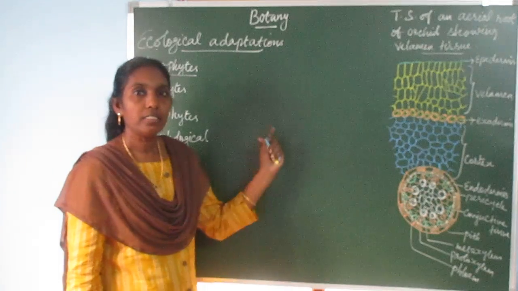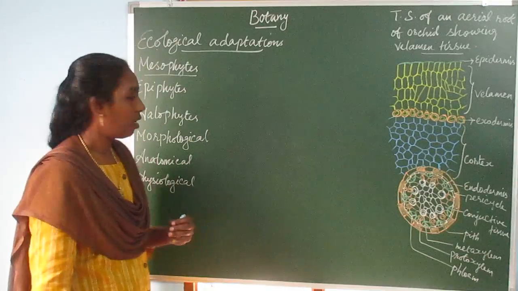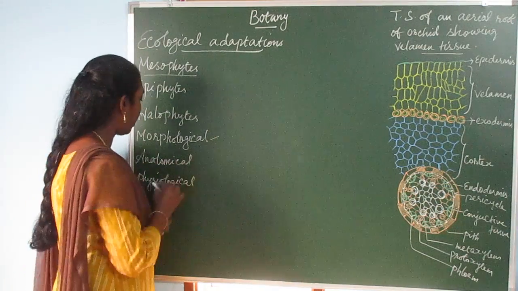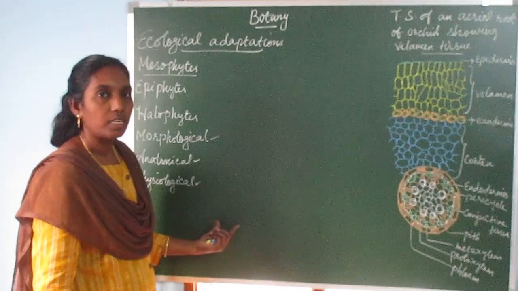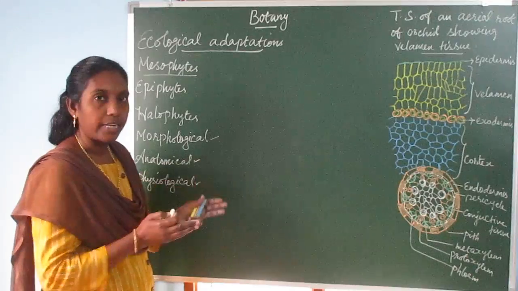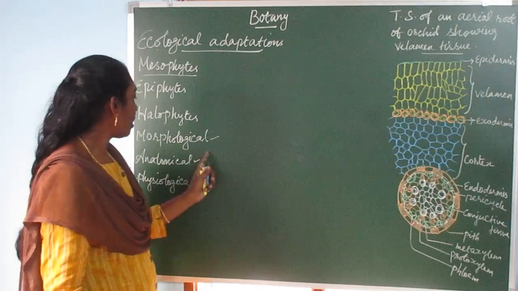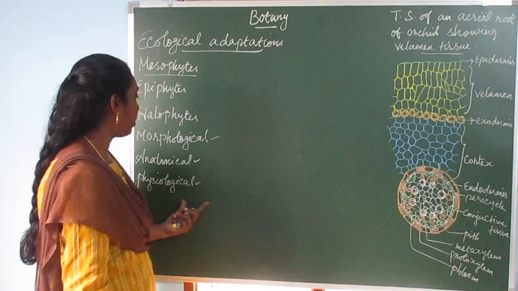Under each category there are 3 different adaptations observed: morphological adaptations, anatomical adaptations and physiological adaptations. So when you learn this question, you can write under these 3 headings.